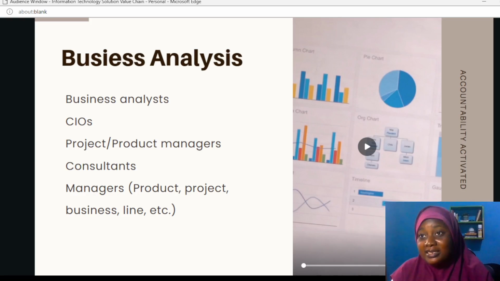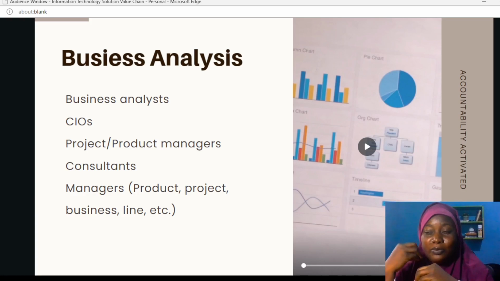If it's an already existing organization like ShopRite, they would probably say, okay, let's look at the managers. I mentioned consultants. There is need for people that are involved with data analysis. People that do data analysis could also be brought in. So analyze the data.